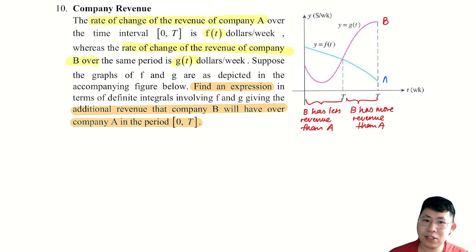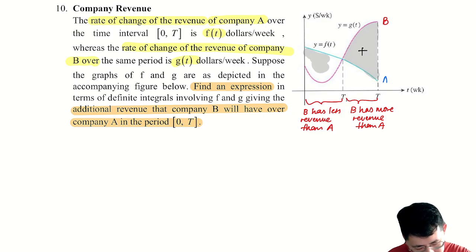So what is the difference of their revenue actually? The difference of their revenue is simply the area in between these two curves. So this one is the part where B earns more than A. So this is going to be a positive value because B earns more than A. But at the same time, for this other region, A actually earns more than B. So actually we need to take away the amount that A earns more than B so that we can find the balance.